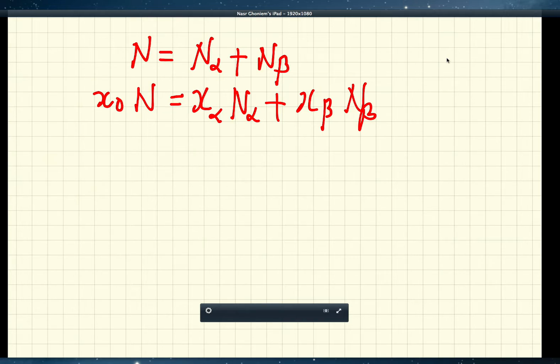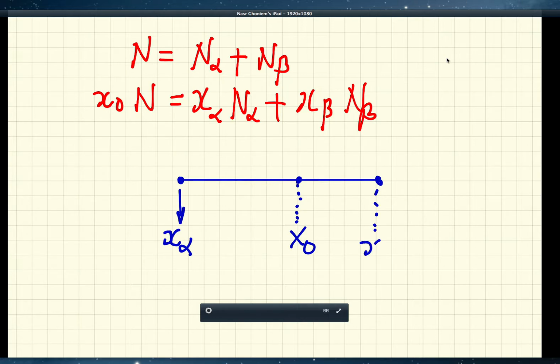I have a tie line, and on the two ends of the tie line, the concentration is X sub alpha on one end, I started at X sub 0, and on the other end is X sub beta.